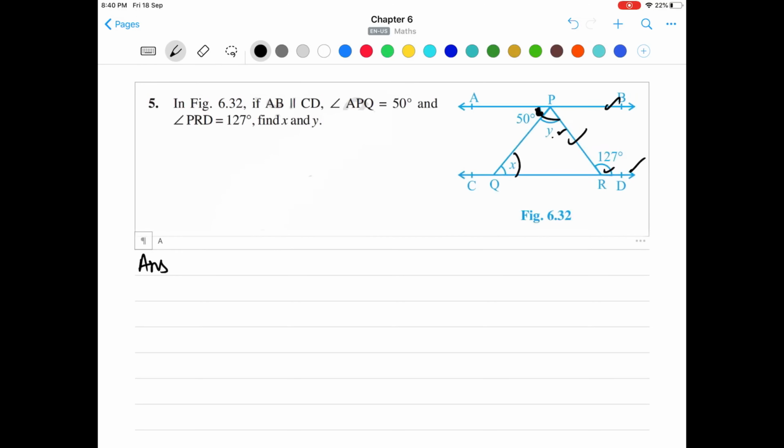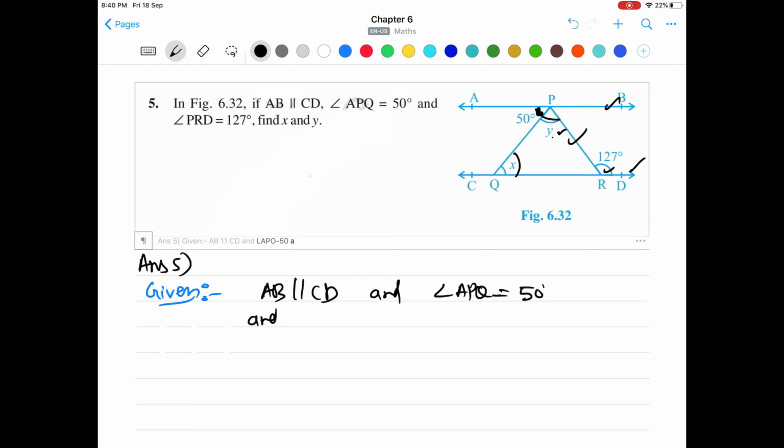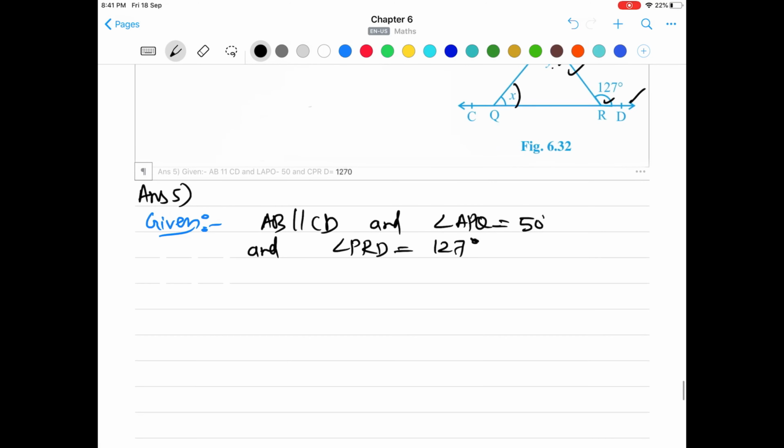Answer number 5. First we will write the given. Given here is AB parallel to CD, and the two angles are given, which is angle APQ is equal to 50 degrees, and angle PRD is equal to 127 degrees.